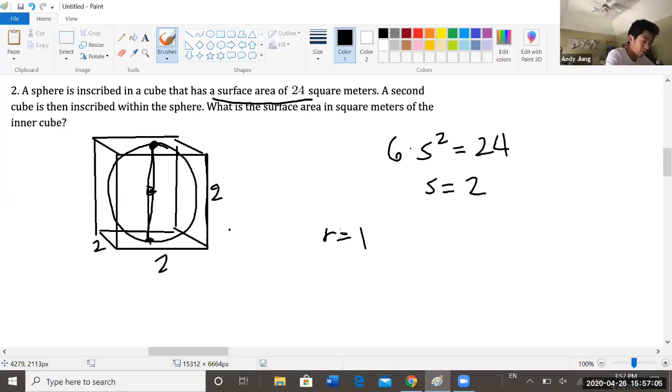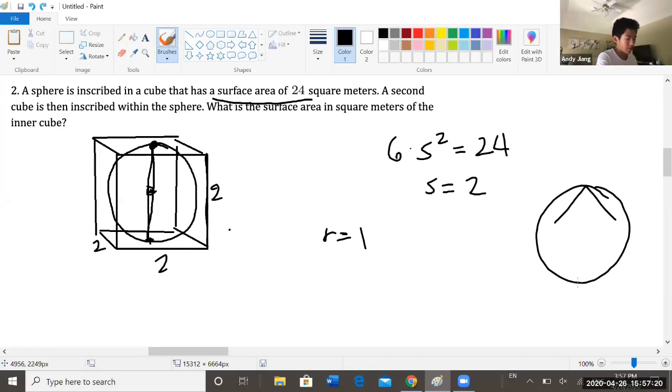All right, and then now I'll draw another picture, but this time I have my cube inscribed inside of the sphere. But as I draw it, I'll realize that the best way to do this isn't to draw it out, but to think about how I solve for the side length of a cube.